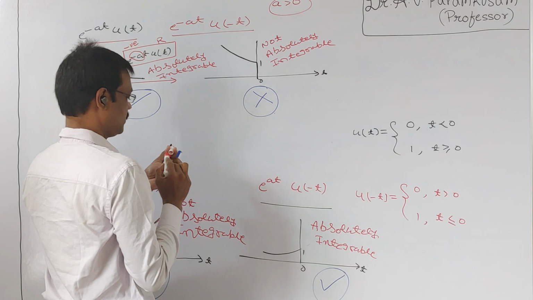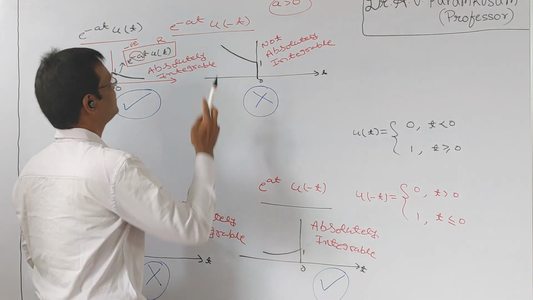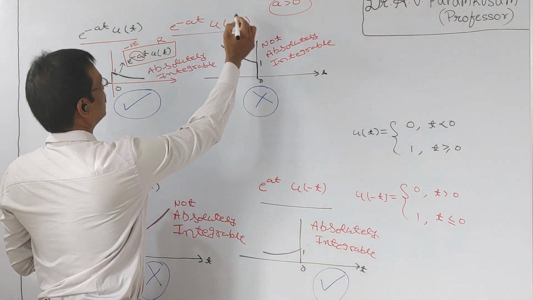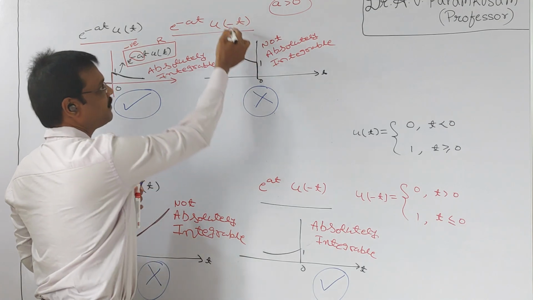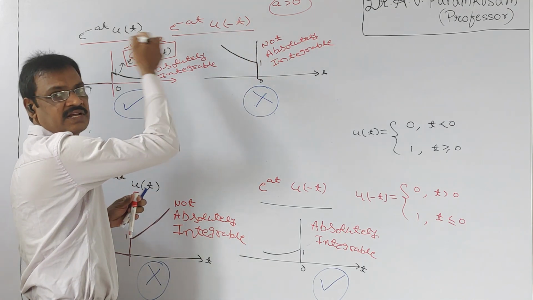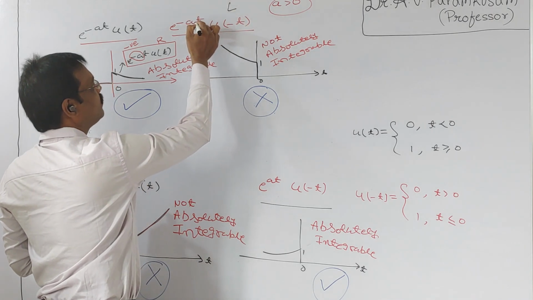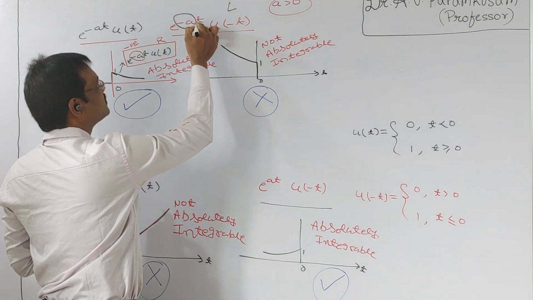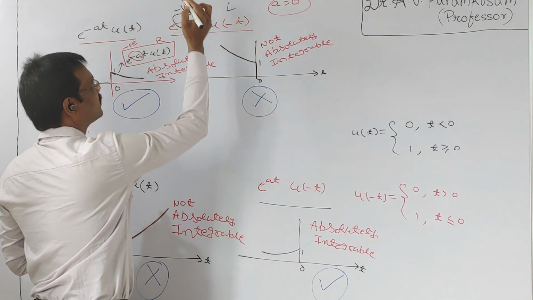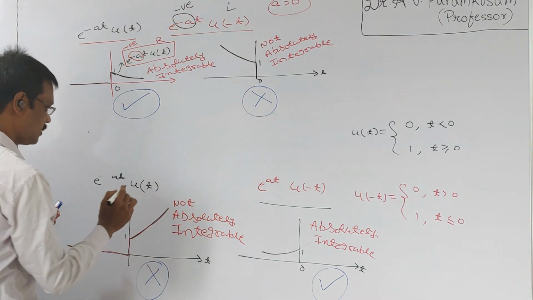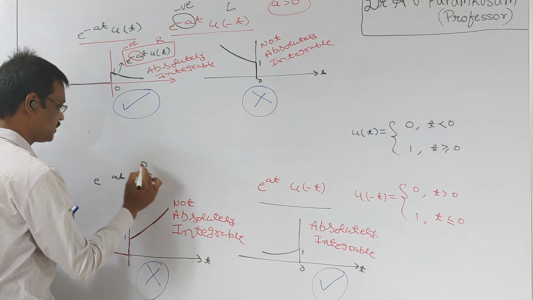Similarly, for e to the power of minus at e of minus t, because of this e of minus t, it is a left-sided signal. You observe the coefficient of t. It is negative. And here, this is a right-sided signal.